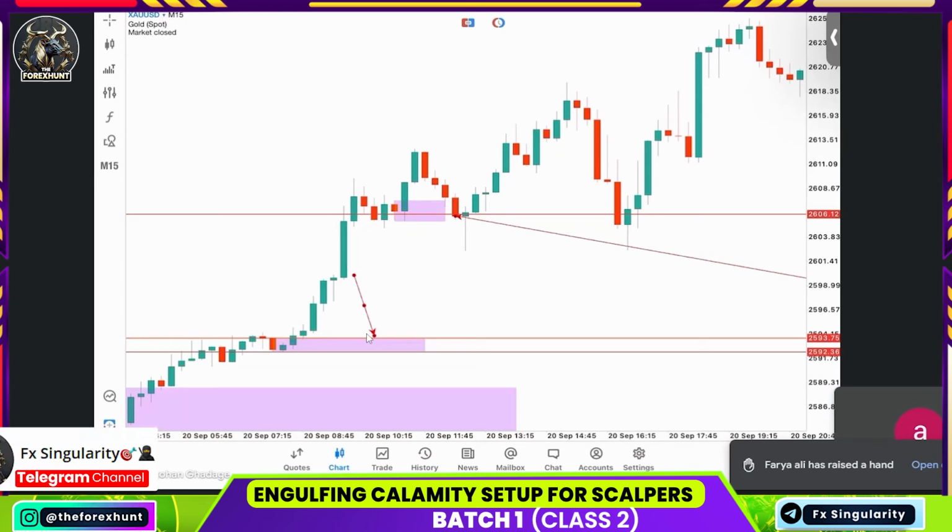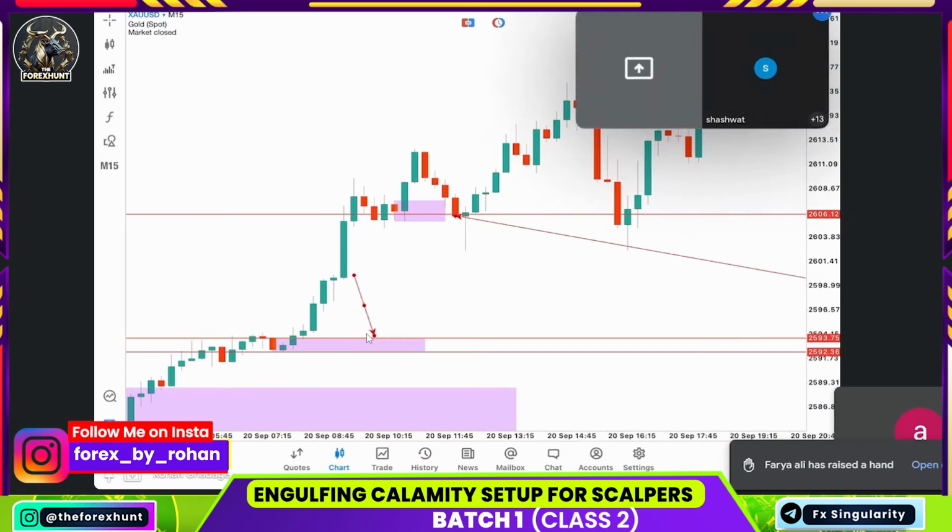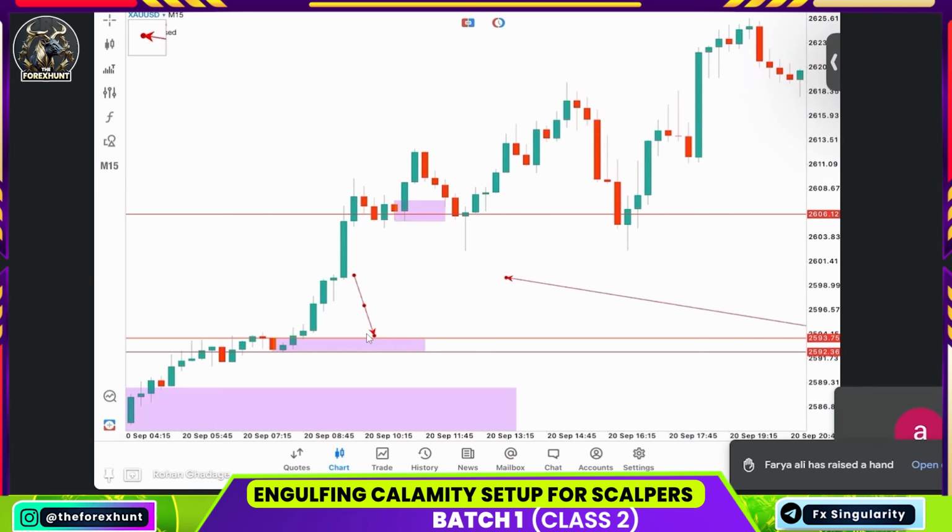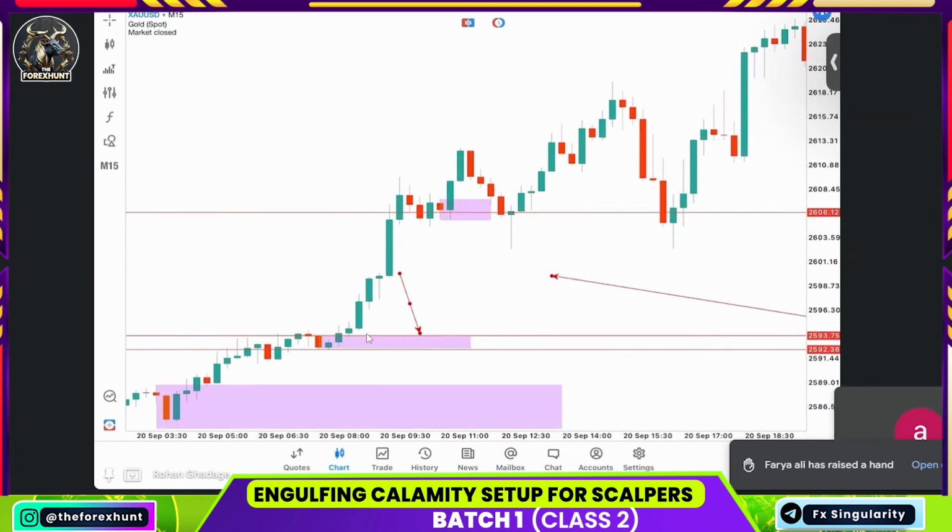Clear. Everyone? Yeah, clear. Okay. Not everyone is replying. Any confusion, guys? Yes, please ask. You mentioned if your SL is greater than 20 to 30 pips and you move it to the line, is the line the lower end of the body of the green candle?